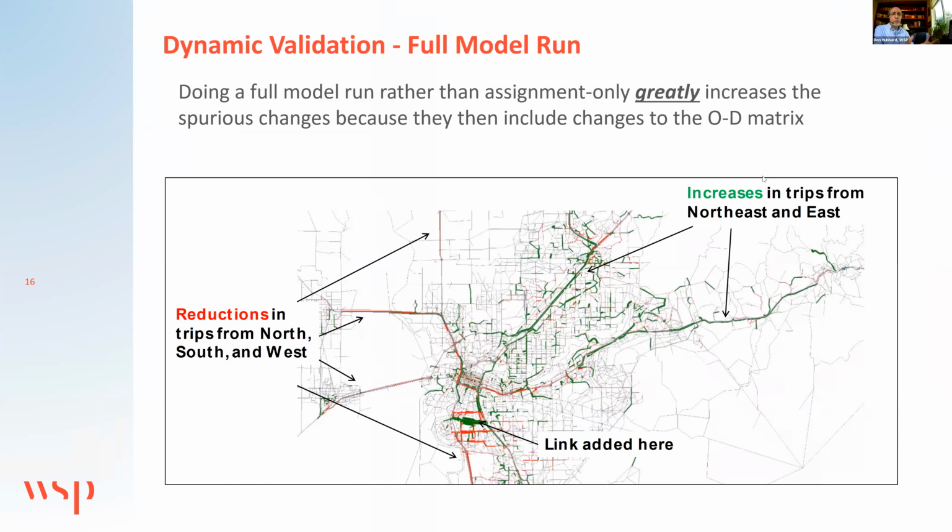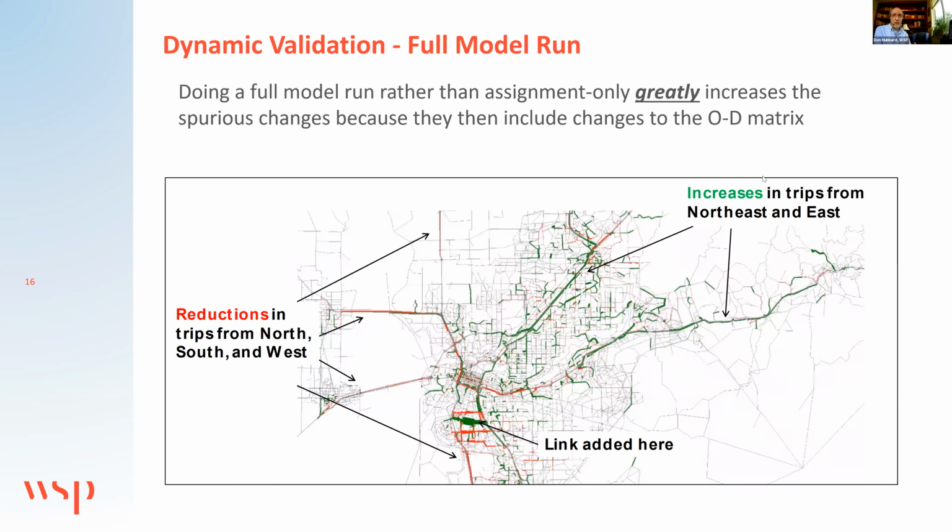Okay, so what I had shown in the previous slides were assignment-only runs, and there were some spurious changes, not a lot, probably not very consequential. We tried it again, same thing where we added that link in South Sacramento, for the full model run. And what we found is doing a full model run greatly increased the amount of spurious changes because it includes changes in the OD matrix.